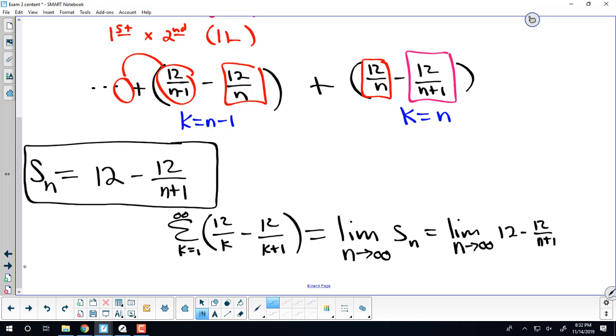So that limit should just be 12, which means the sum is 12. Besides the telescoping series, there's only a few that we can actually do that on. Yeah, the telescoping and the geometric. But we already have the formula for the geometric.